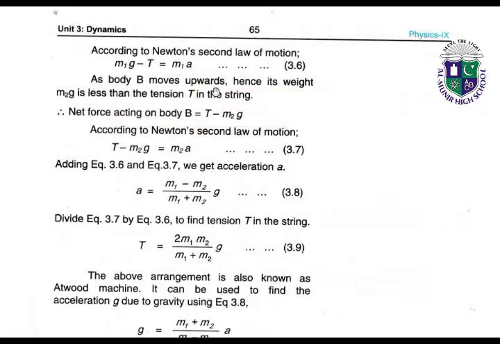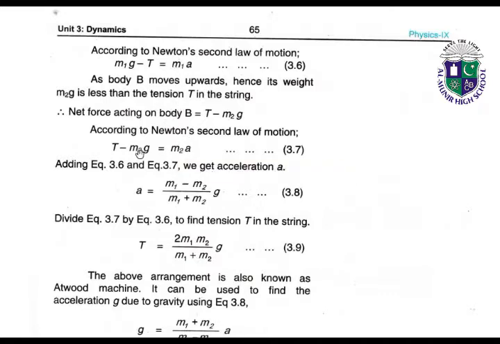As body B moves upward, hence its weight m2g is less than the tension T in the string. Net force acting on body B is equal to T minus m2g, and according to Newton's second law of motion, it is also equal to m2a. So by Newton's second law of motion, m1g minus T is equal to m1a, and T minus m2g is equal to m2a.